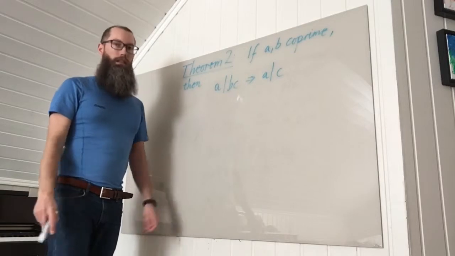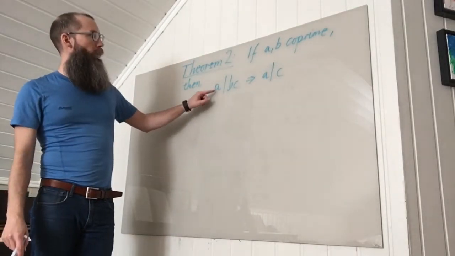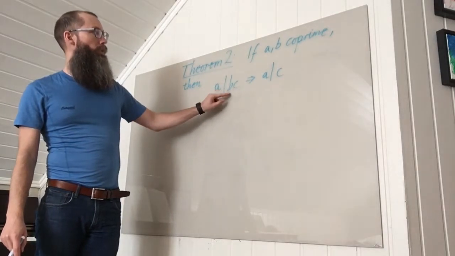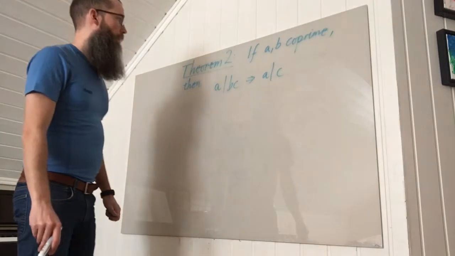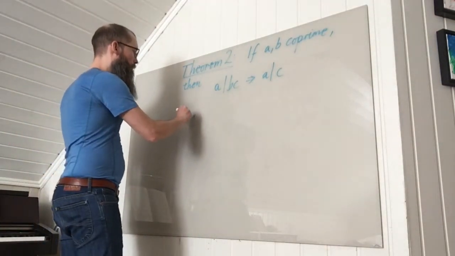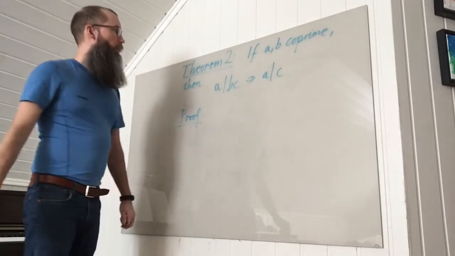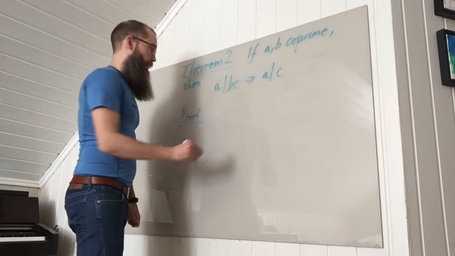The next result states that if a and b are coprime numbers, then if a divides the product of b and c, then a has to divide c. Let's see why that's true. So the proof. Now, since a and b are coprime, I can write 1 as a linear combination of a and b.